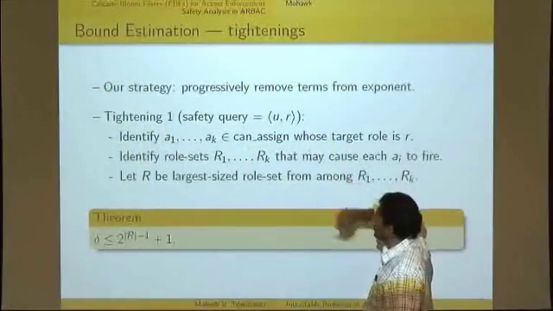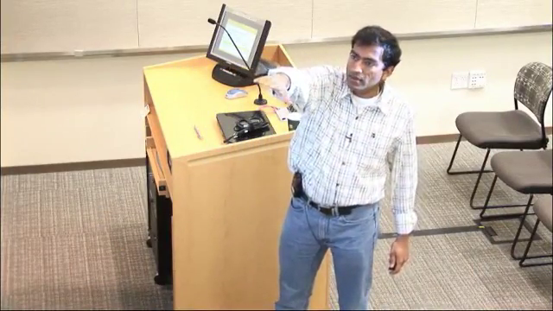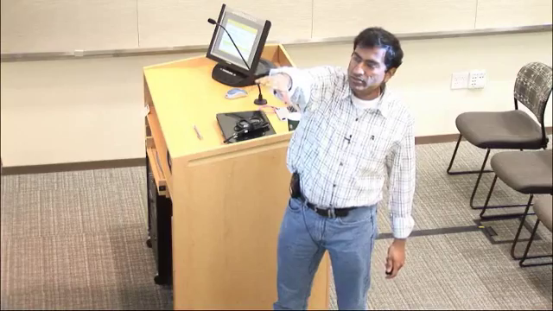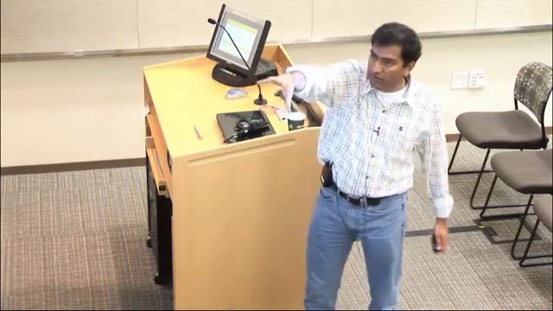So let's say we have the safety query that refers to the user U and the role R. We identify those rules, A1 through AK, in the can-assign set whose target role is R, which is the safety one. And then we identify sets of roles that may cause each of those to fire, right?